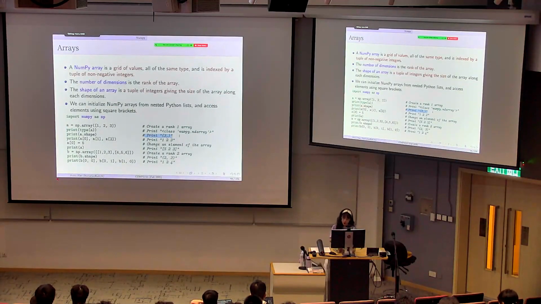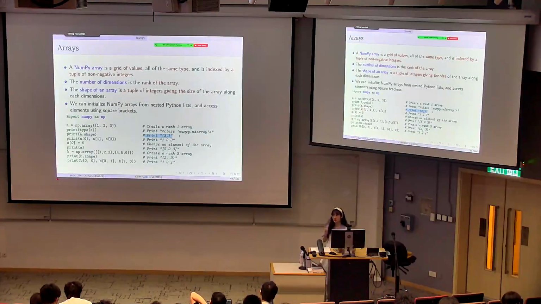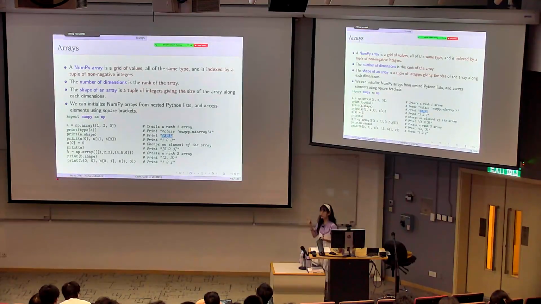Note that the shape of NumPy array must be a tuple. So that means the shape must return you something inside the parentheses, which is a tuple. And how many numbers will be in the tuple? The dimension of the array. Like A is a one-dimensional array, rank 1. Then A's shape will only have one number because the shape indicates the size along each dimension. Since the dimension is 1, of course, you only have one number here. And this number 3 represents the size along the dimension.